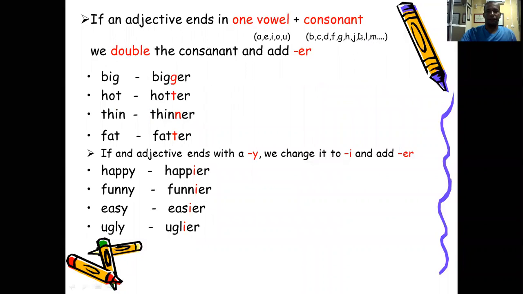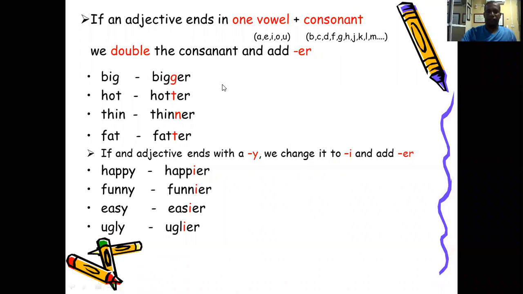Look at that, dear student. If an adjective ends in one vowel plus a consonant, for example, we double the consonant and add -er. For example, big, bigger.